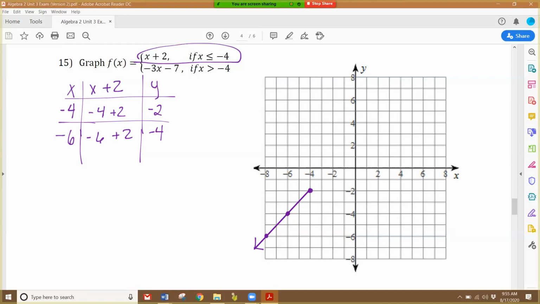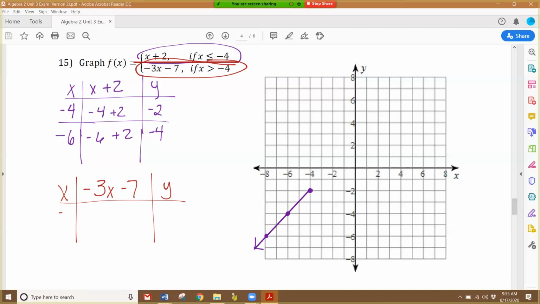Now we're going to do it again, but this time we're concerned about any x value that's greater than -4. So now we're going to this portion here. We need any number that's greater than -4.